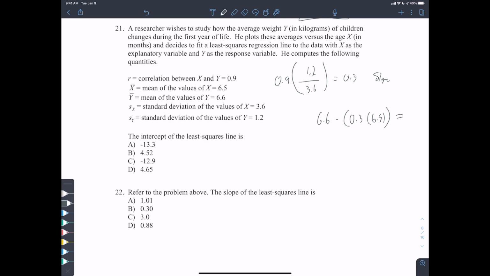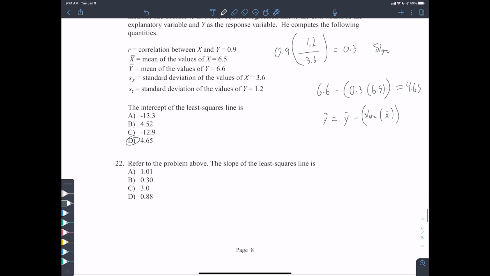So the formula is basically y hat is equal to the mean of your y minus your slope times your mean of x. That's going to give you 4.65. That is the intercept of your least squares regression line. Further problem above, the slope is, we already calculated that, 0.3.